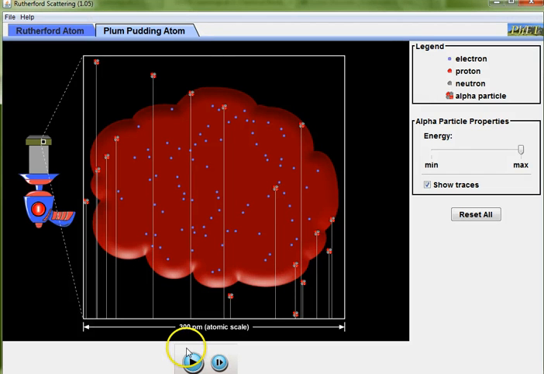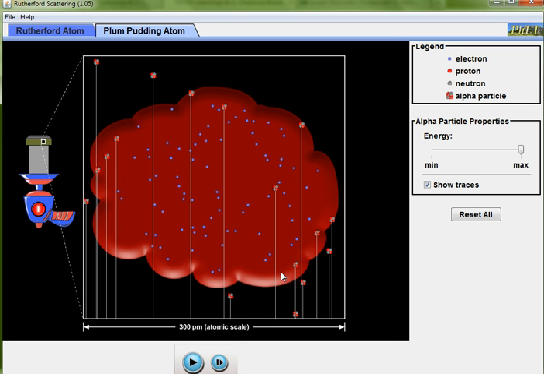The reason is that the positive charge, which was concentrated at a very small position in Rutherford's atom, is now spread over a very large area in this model. Combine that with these little electrons spread all over the place, and this tells you that the whole atom is neutral.